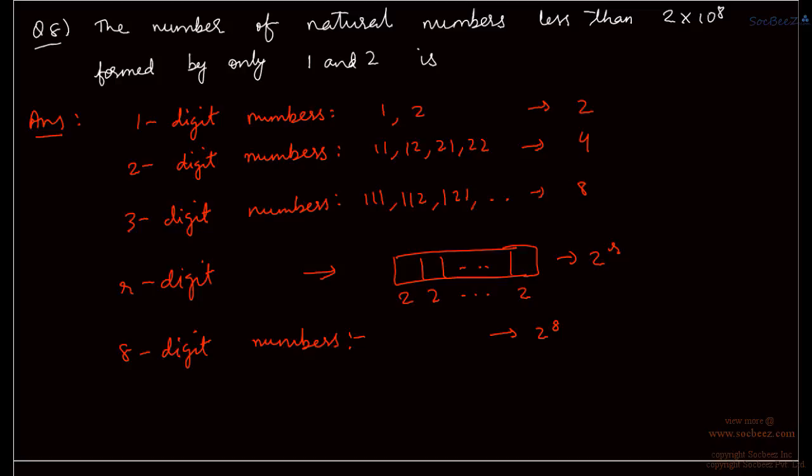But what about the 9 digit one? Because the question asks 2 into 10 power 8, that means that is a 9 digit number, right? Since the largest number possible is 2 followed by all zeros, the numbers we desire must start with only 1, because 2 followed by all those zeros will not be the number we desire.